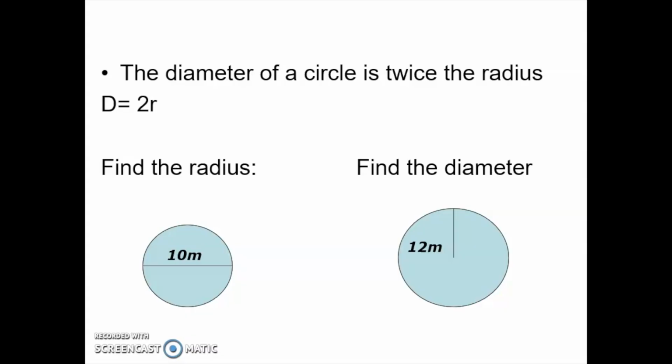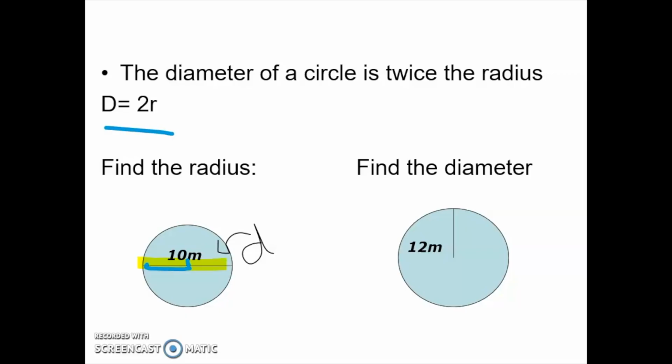So if we're looking at this image here, we can see we've been given all the way across the circle. So that would be the diameter. The diameter is what has been given to us. Now the radius would only be half that distance. So the radius would just be going halfway across, stopping in the middle. So we can find the radius using our formula, diameter equals 2 times r.